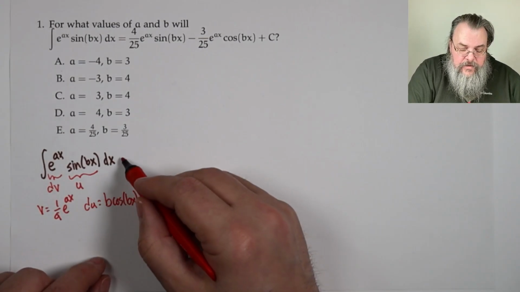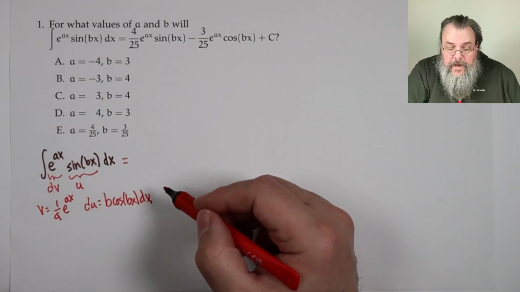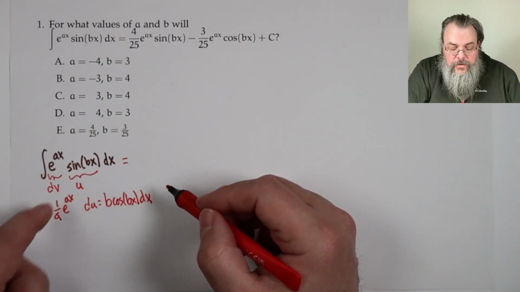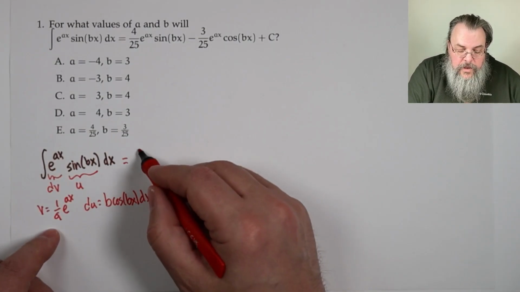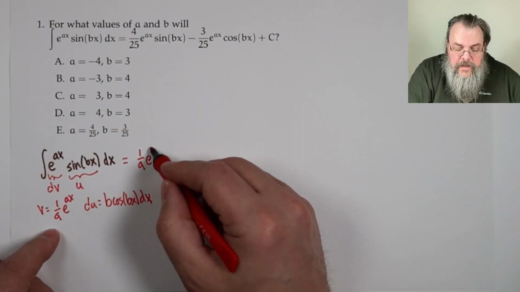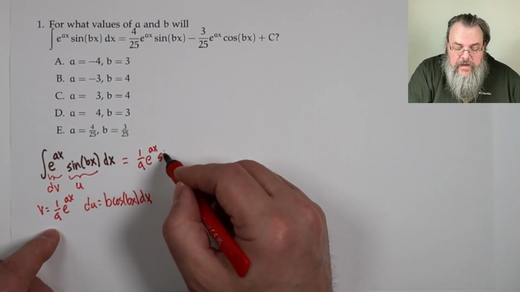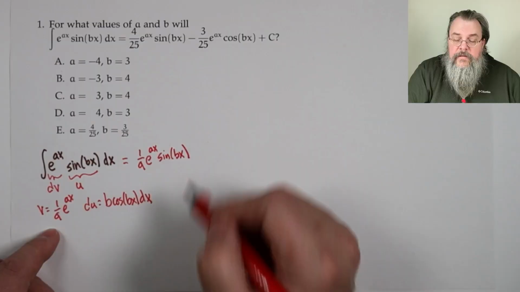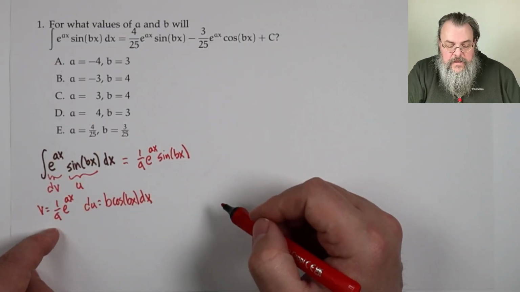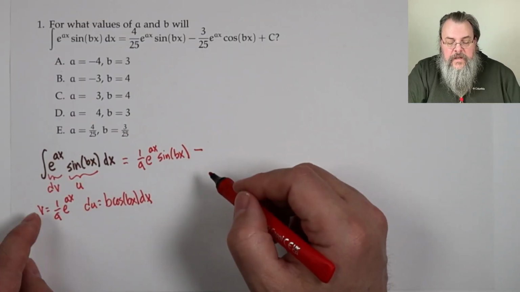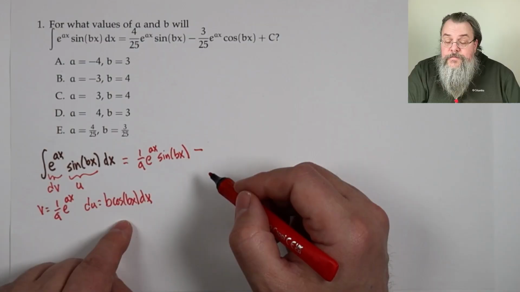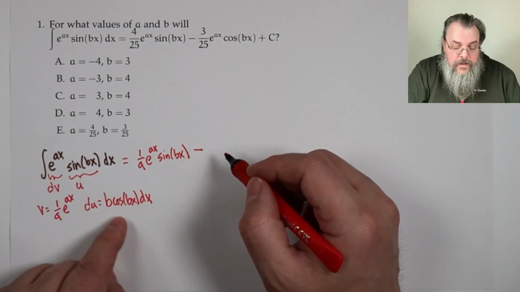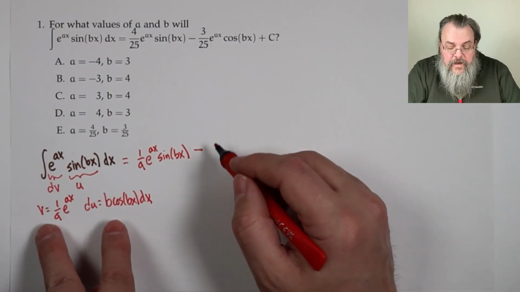Okay, so this becomes, by integration by parts, uv, 1 over a e to the ax sine of bx, and then minus integral v du. Notice that when we multiply, we have some constants here.